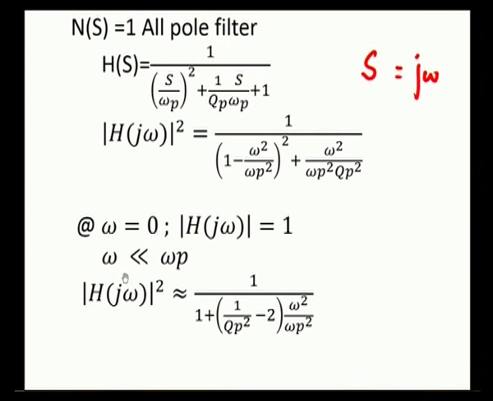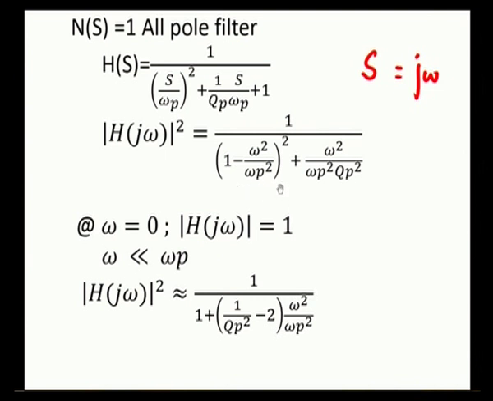Now, we will consider the case ω much smaller than ωp. ω much smaller than ωp means the frequencies which are considered to be the pass band frequencies. So, |H(jω)| squared, in this case if ω is much smaller than ωp, this factor here will become smaller than 1, and this can be expanded using binomial expansion.